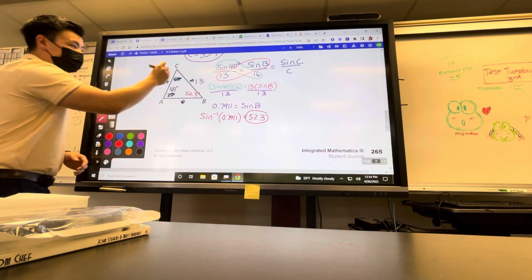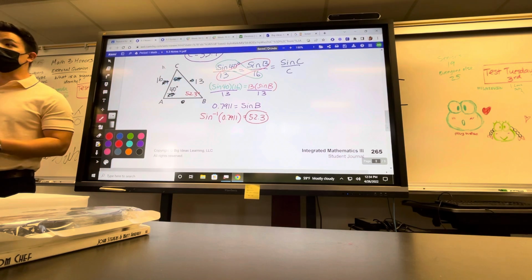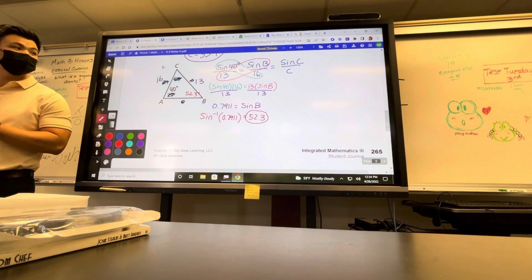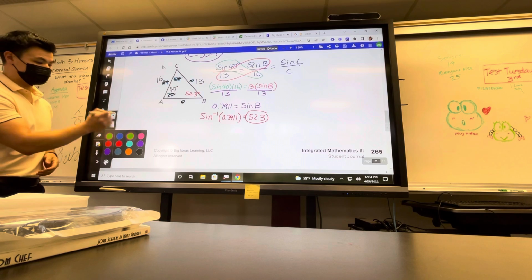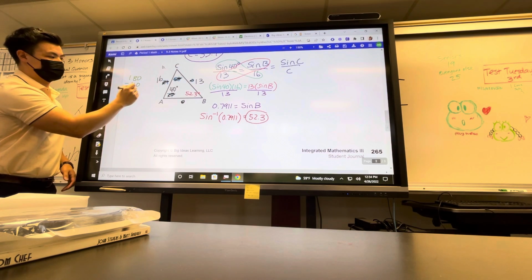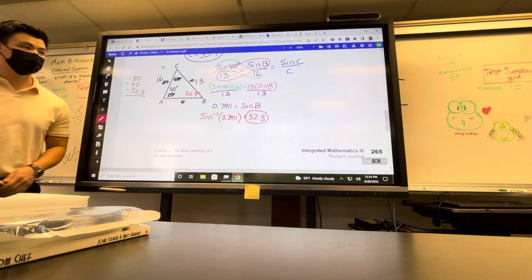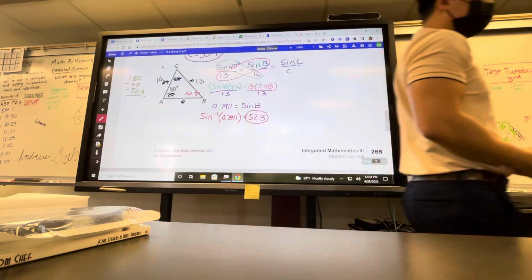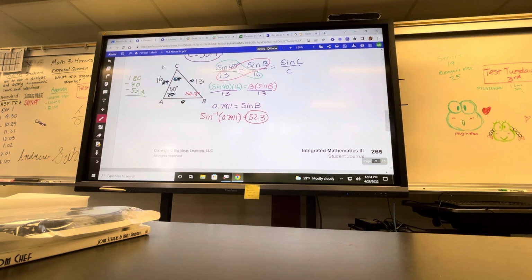Now we can solve for that missing angle c, and that's going to be 180 minus something. And that gives us 87.7.